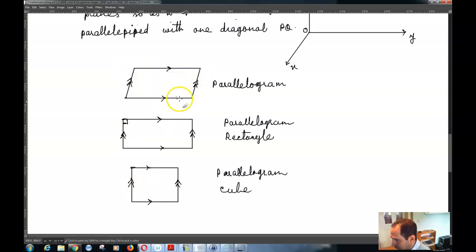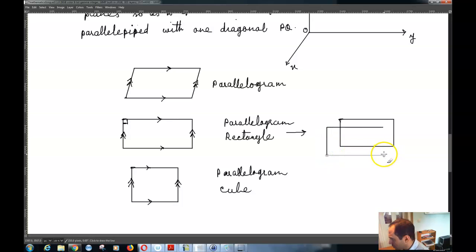Now, from this you can create a cuboid. So a cuboid would basically be something like this. Basically, if you put 6 of these together, you will get a cuboid.